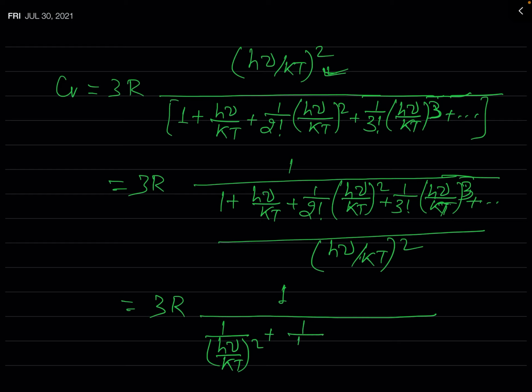So this will be 1 by hν/kT, plus, when we divide this (hν/kT) whole square, that will cancel out and we will have only 1 over factorial 2, and in the next term there will be 1 over factorial 3 times hν/kT, and so on.